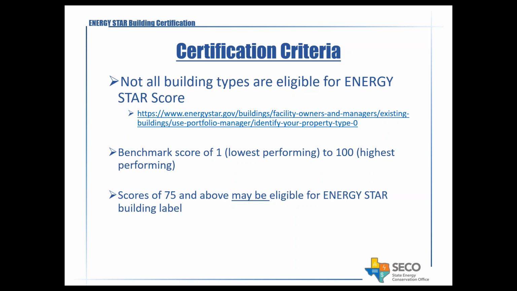For the most part, offices, school buildings, school campuses, and a few other institutions can have Energy Star certification, and they all have criteria that you have to meet. Once you meet that criteria, you could be certified. We go over the types of buildings that are eligible for certification later on.